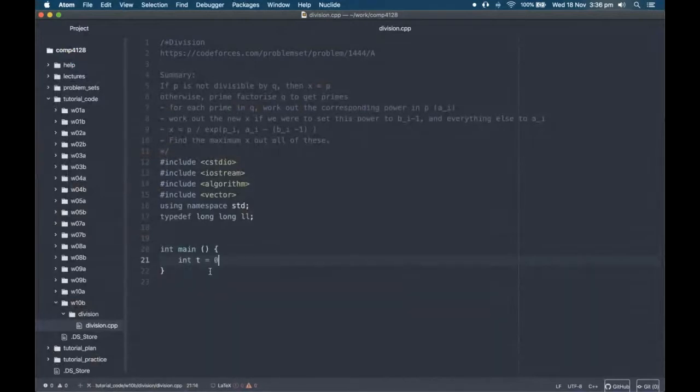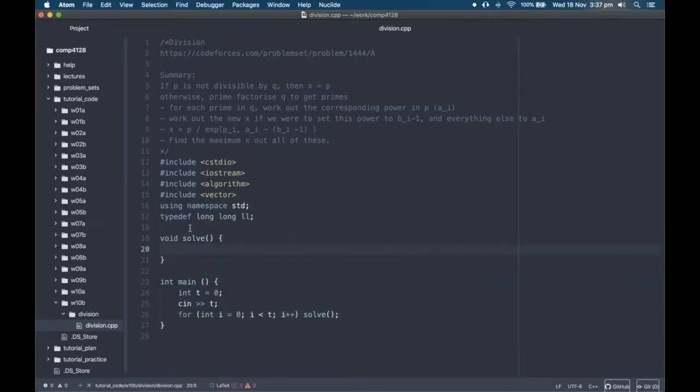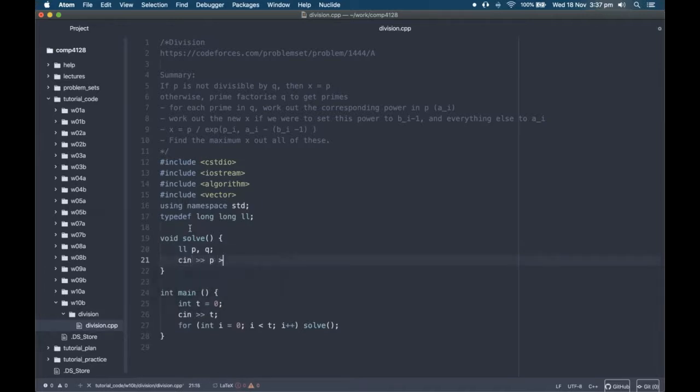So we scan in t, and then t times it is going to call the function solve. In solve, we're going to scan in p and q. Remember, p is up to 10 to the 18, so we have to use long longs here.